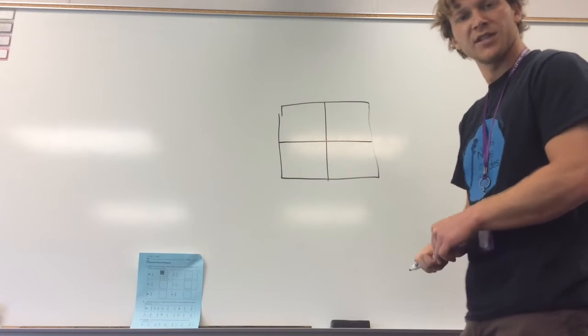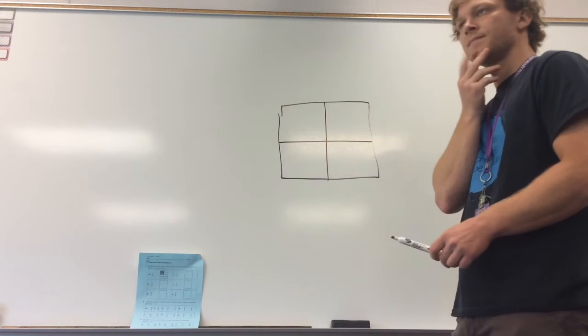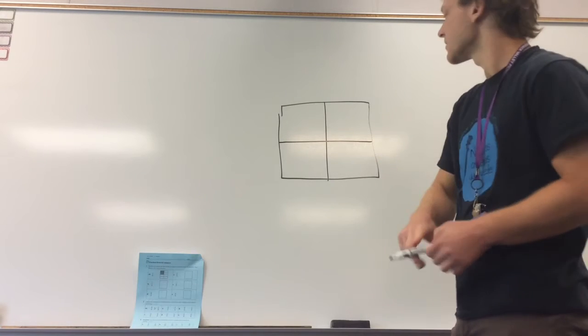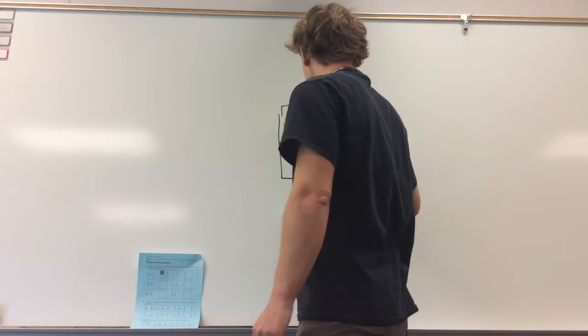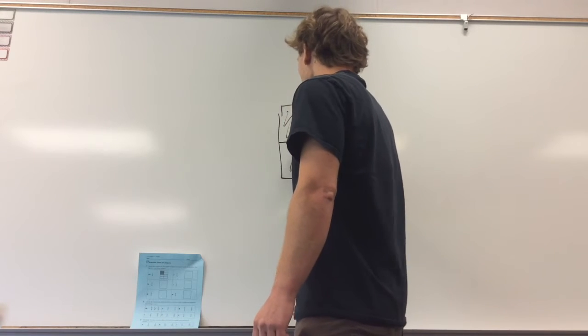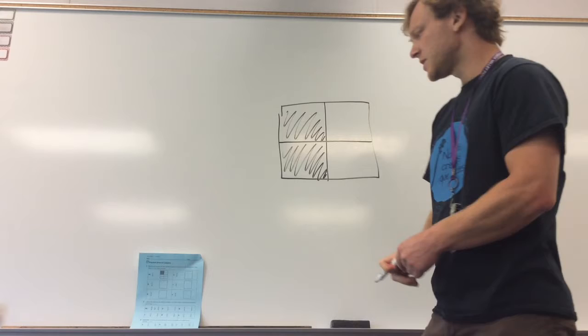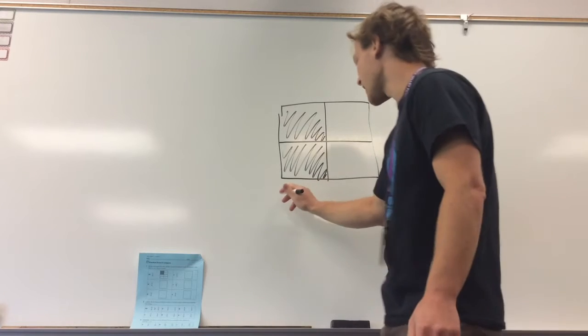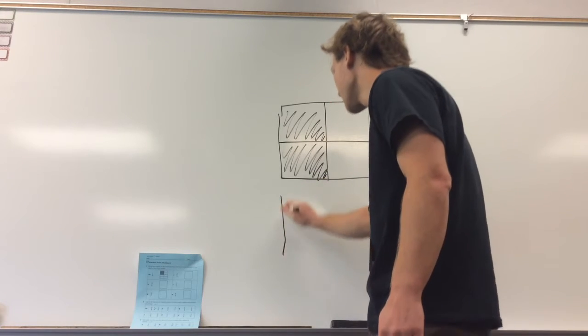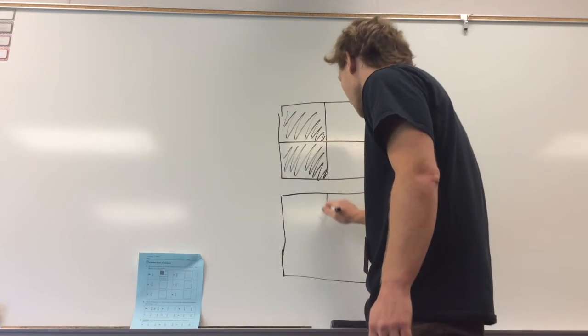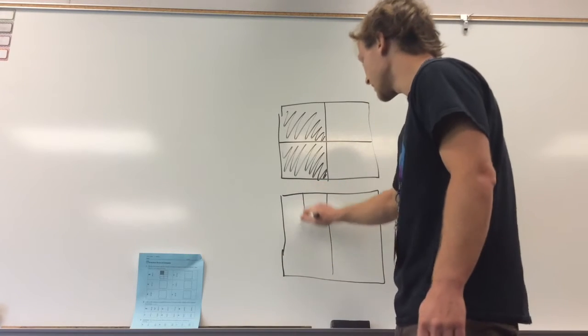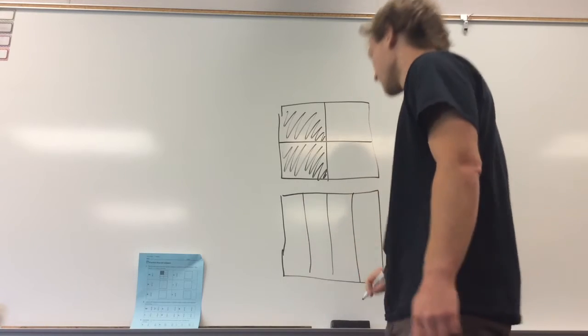So how many do I need to shade in now, mathematicians? That's right, I need to shade in 2. So there's 1, and there's 2. Now, mathematicians, some of you may have divided yours into 4 equal parts a different way. Here's one way you may have done it: you started with your halves, and then you divided those halves in half again.